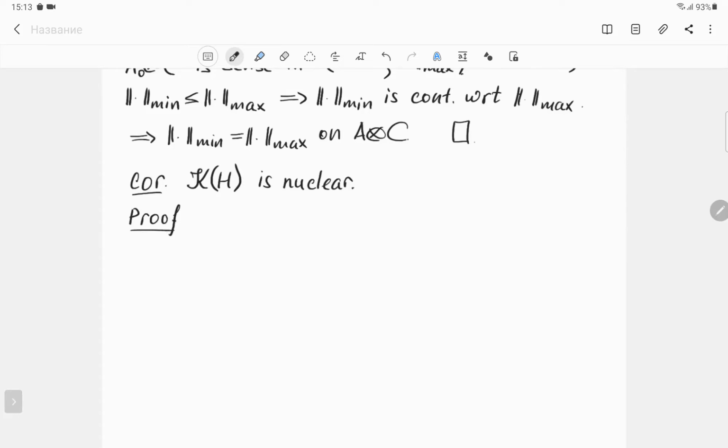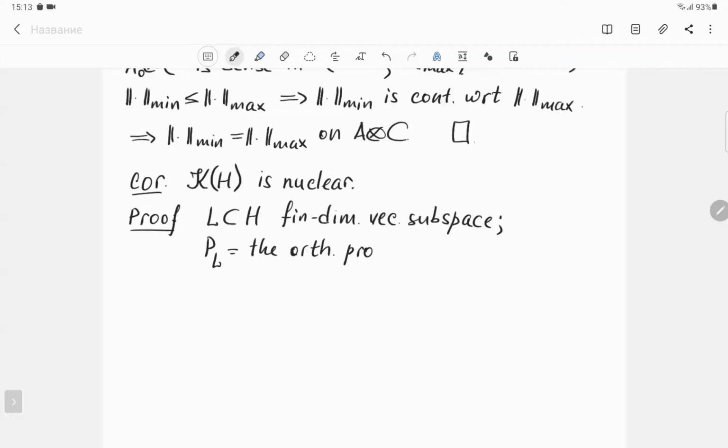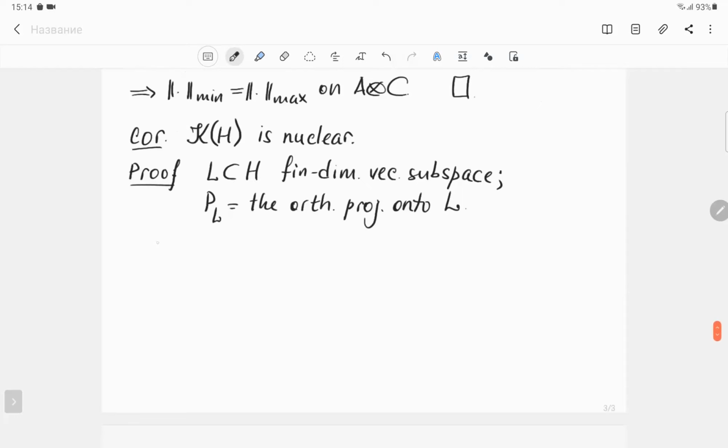To prove this corollary, we do the following. Suppose that L is a finite dimensional vector subspace of H, and let PL denote the orthogonal projection onto L. Now, for each such finite dimensional subspace, we introduce a subalgebra in K(H), which we denote by AL.